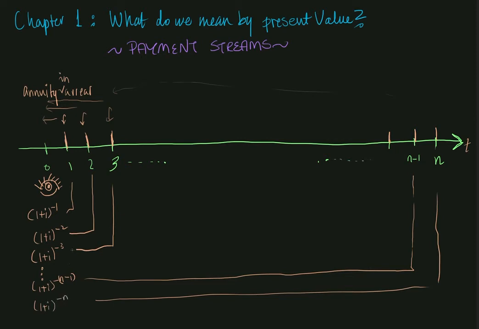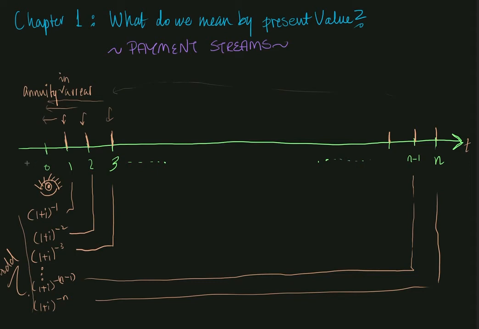And if you look in the book, what the book does is it puts all of these into an abstract summation. But here you can just see how much easier payment streams make it to understand what in the world is going on with these payments. Because when you have discounted all of the payments back to the place where your i is, it's just about adding all of these up. So just add, and then you're done. Okay, so that was what happens if we consider the initial present value at time 0.